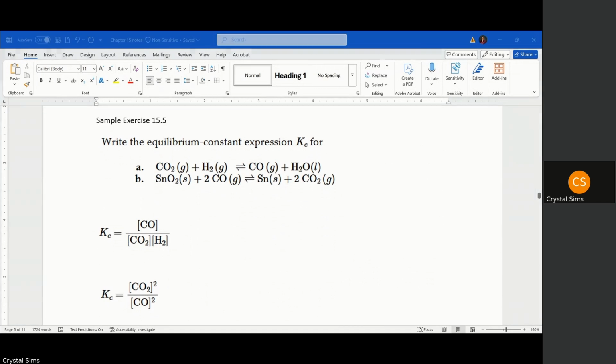And when we look at our second reaction here, because we got rid of the tin 4 oxide and the tin, we only have CO2 on the top and then CO on the bottom. So just keep that in mind when you are writing these expressions. We don't consider pure solids or pure liquids when we are looking at these expressions. Okay, so pure solids, pure liquids, they do not go into our equilibrium constant expression.